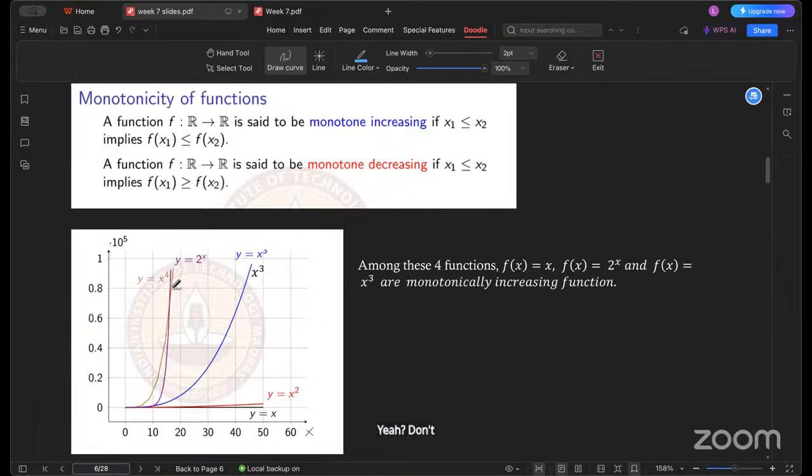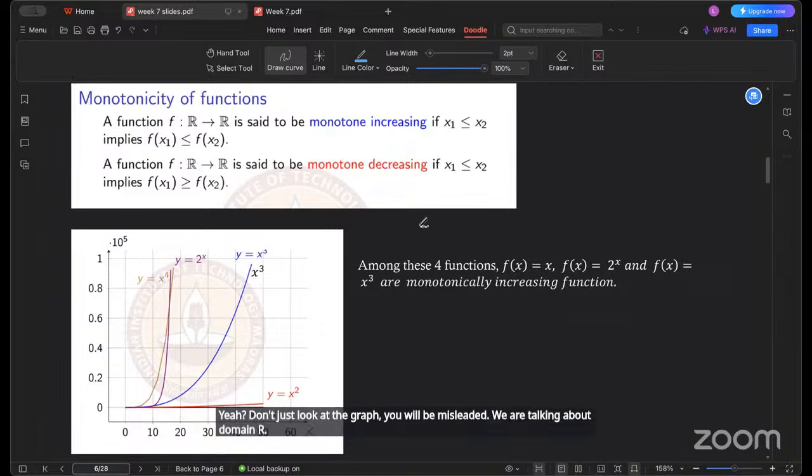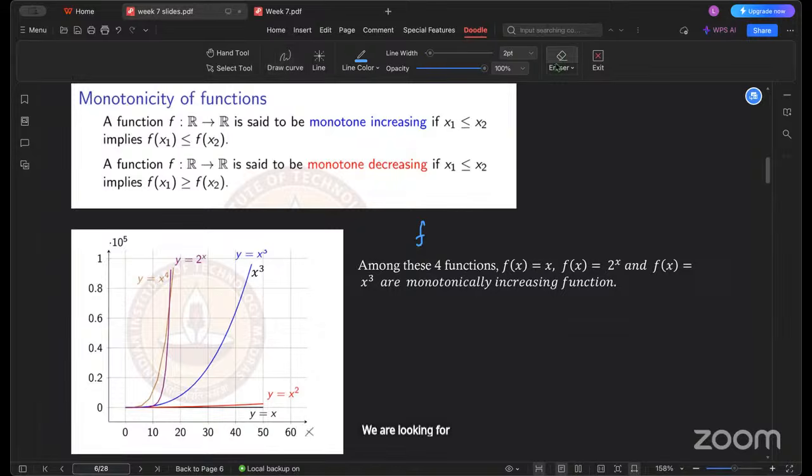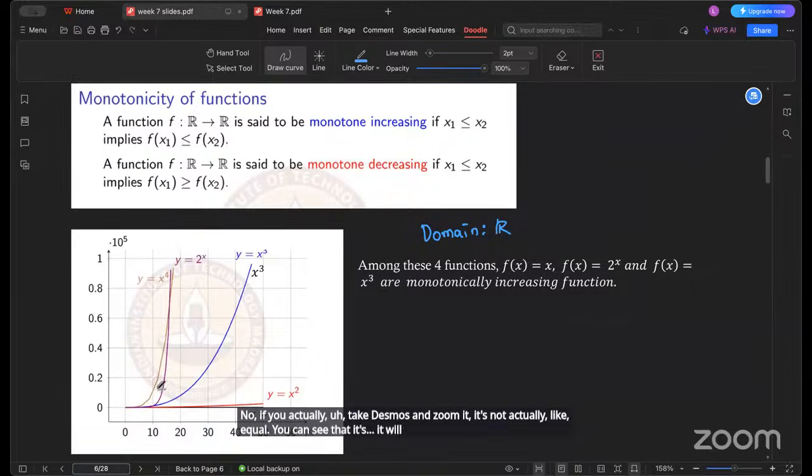Don't just look at the graph, you will be misled. We are talking about domain R. If you take Desmos and zoom in, it's not actually equal; you can see it will look something like this.